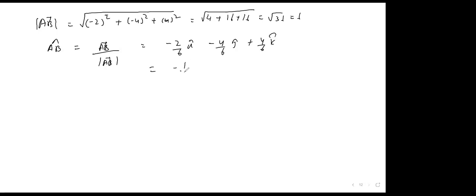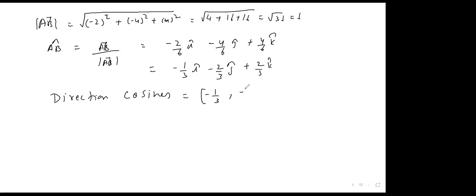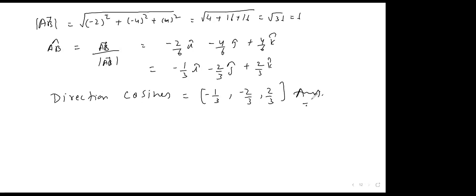So this is -1/3 i cap, -2/3 j cap, plus 2/3 k cap. So direction cosines will be -1/3, -2/3 and 2/3. These are the direction cosines. Yes, sir.